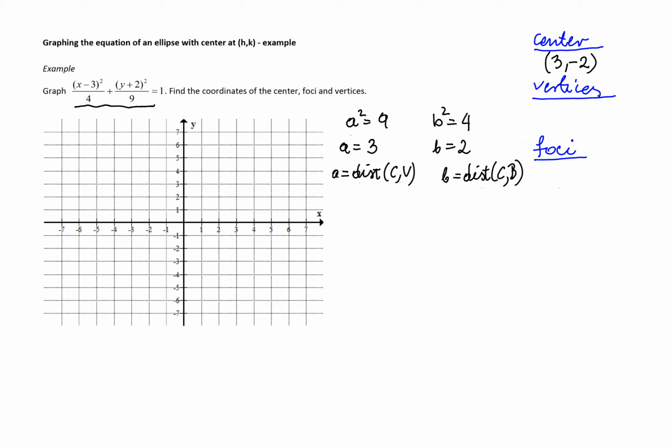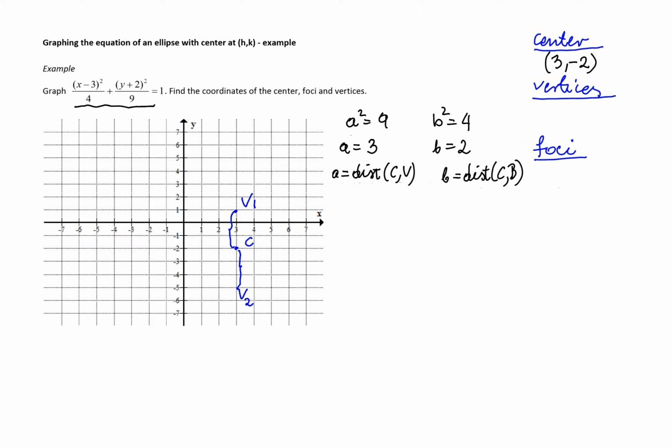So if we combine all this information, we know that the center is at the point (3, −2). So this is the center. We know that the vertices are contained in the vertical line going through the center. And since the distance between the center and the vertex is a, and a is equal to 3, we can get the vertices by simply starting at the center and moving 3 units up to get the vertex v sub 1 and 3 units down to get the vertex v sub 2.